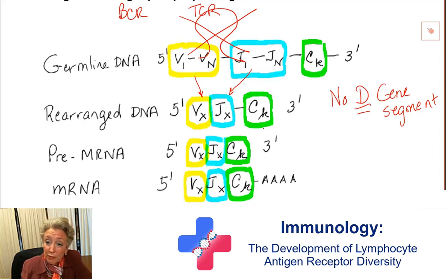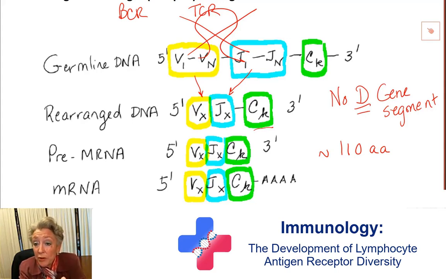And now downstream from that, I have the coding for the kappa constant domain. So a very similar process, but only 2 segments out of which to select. And remember again, I am now simply creating the coding for about 110 amino acids on the N-terminal end of the light chain or the alpha chain.